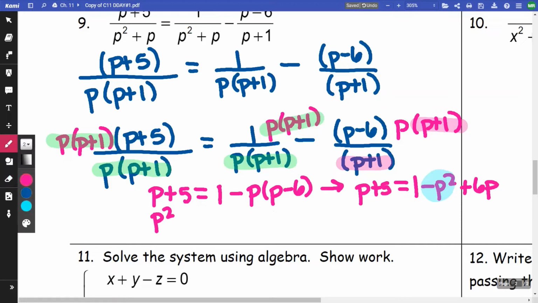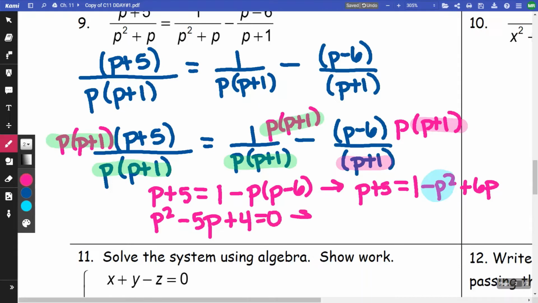I'm going to minus 1 from both sides. Actually, first let me subtract my 6p from both sides. So that's going to be a negative 5p. Then I'm going to minus 1 and I get a plus 4 equals 0.